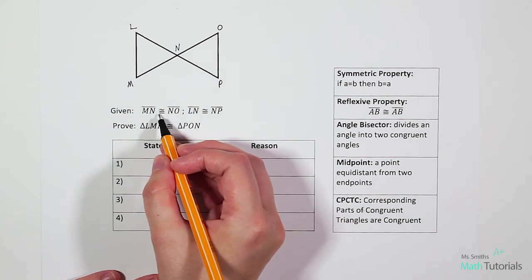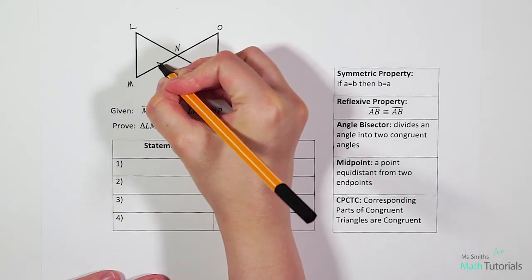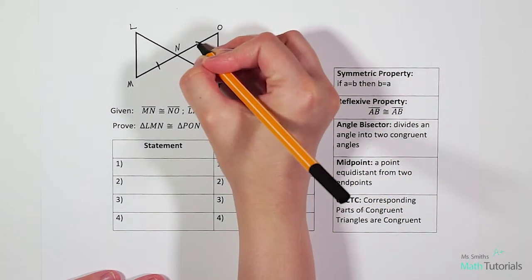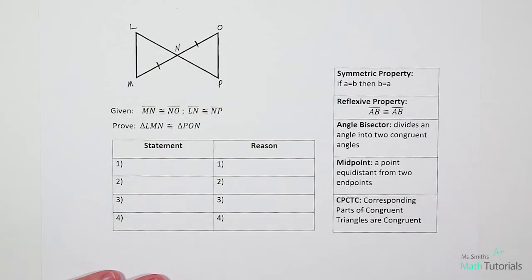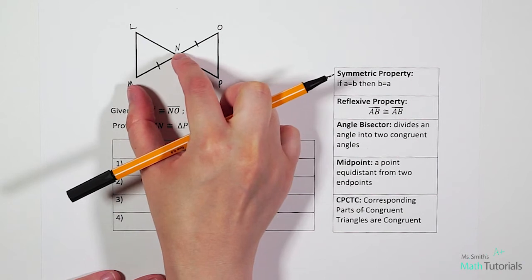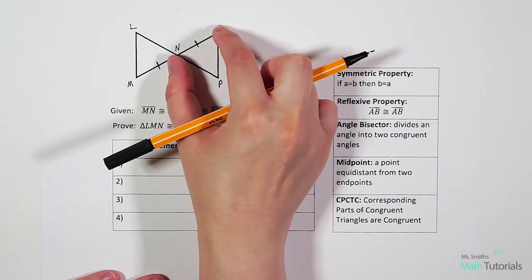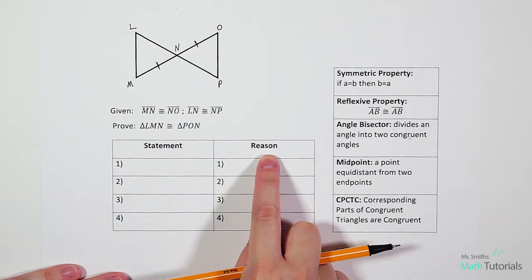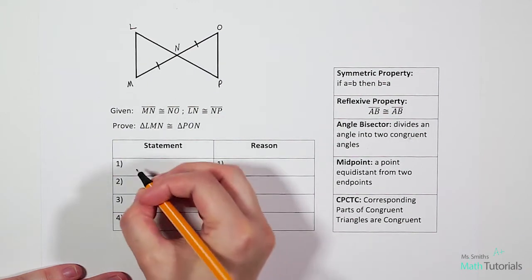So MN is congruent to, and we show that with a little tick mark. MN is congruent to NO. And when I look at this picture, what that means is this length is the same as this length. So let's go ahead and fill in that statement and our reason given.